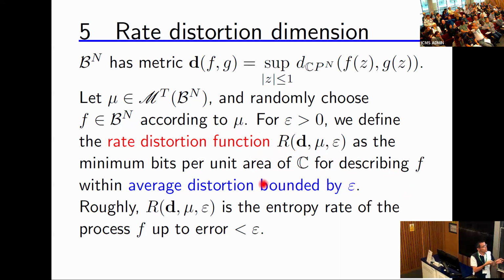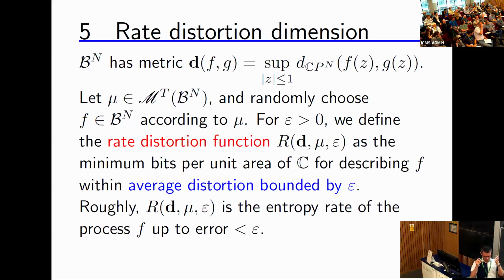If you already know information theory, this is a very standard idea, but if you don't know information theory, this is a bit mysterious. So the example is JPEG, Joint Photographic Experts Group. Maybe most of you use it every day in your smartphone camera.